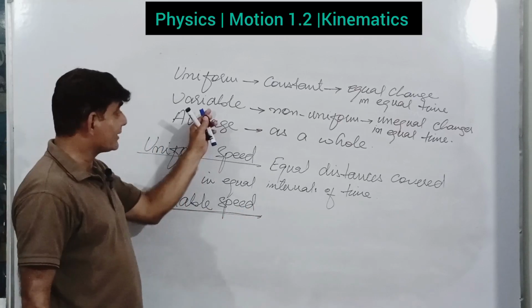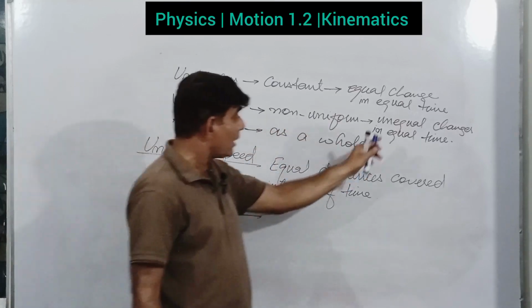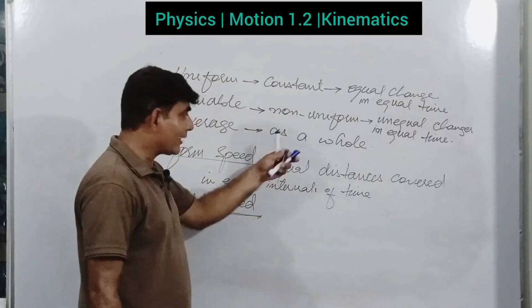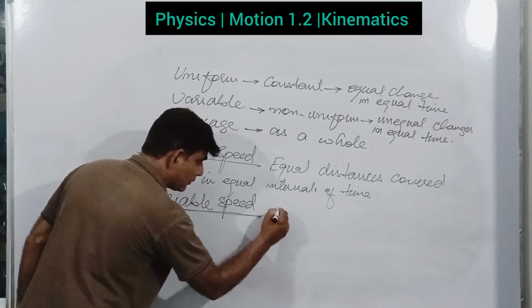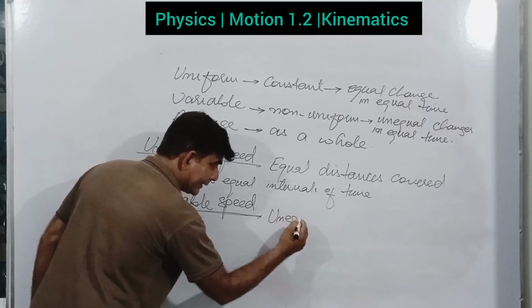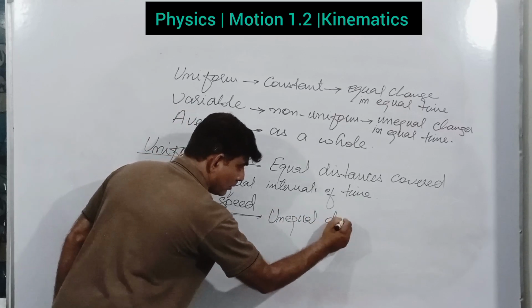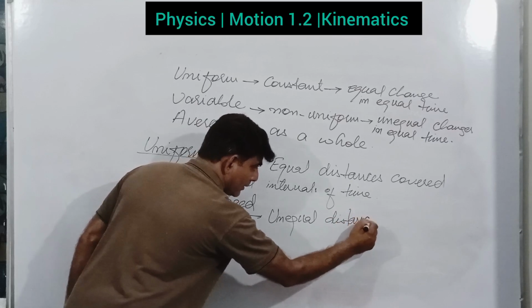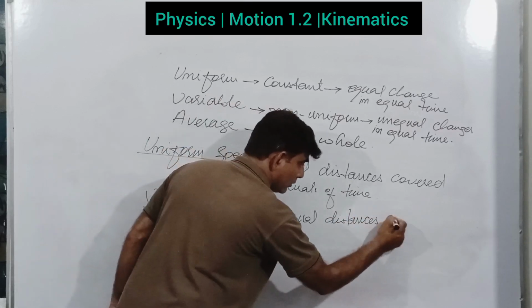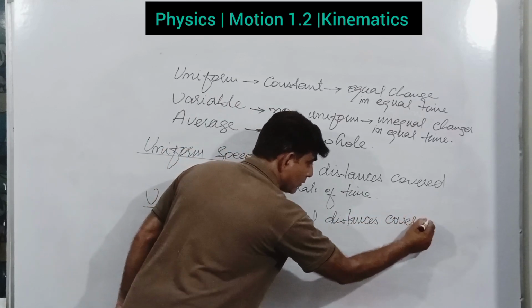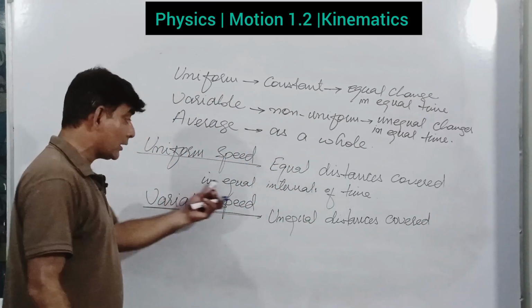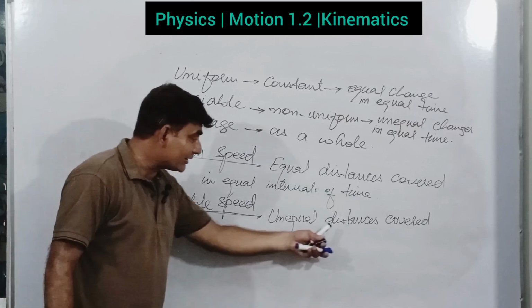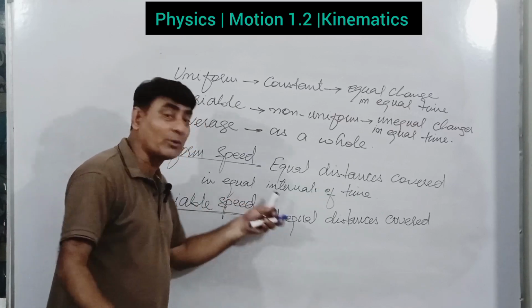Variable speed, what does it mean? Non-uniform, unequal changes. So we should write: unequal distance is covered in equal interval of time. Do not write in unequal interval of time, because maybe these unequal distances have the same ratio with unequal intervals of time.